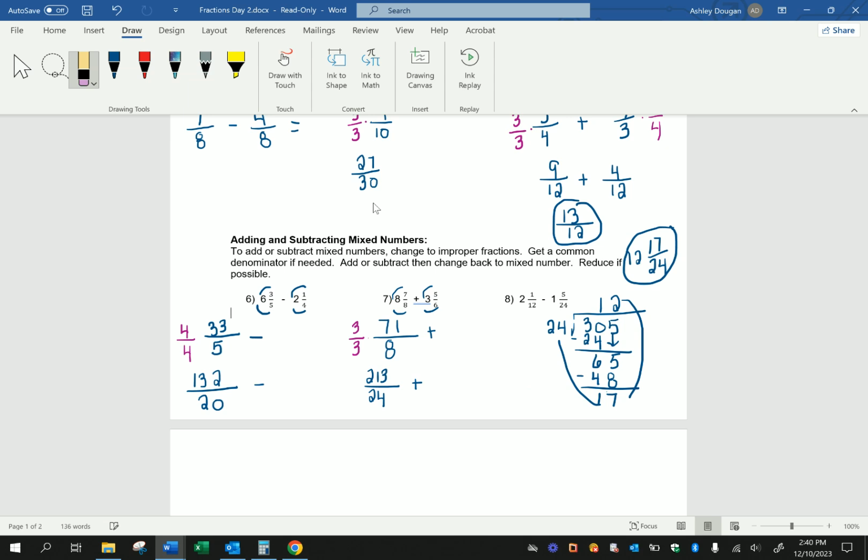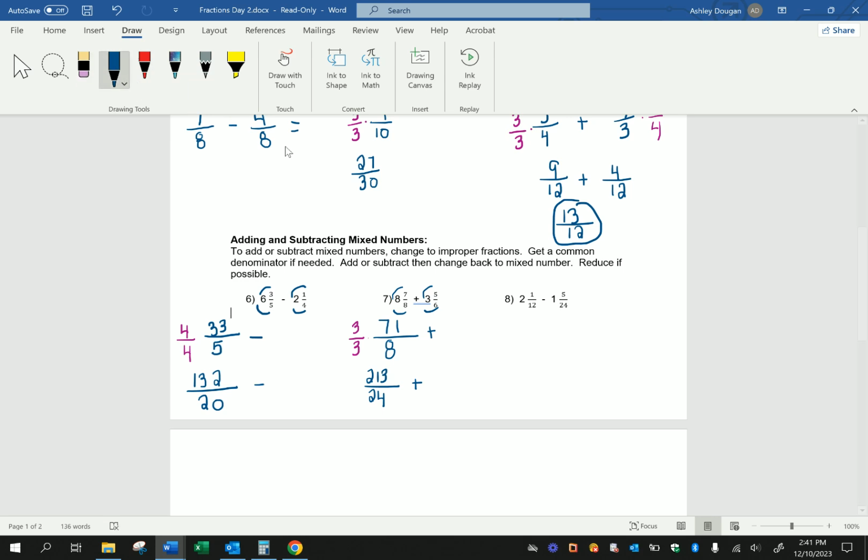I'm going to do the same thing for number 8. I want to first change those to improper fractions and then look for common denominators. I multiply 12 times 2 and then add 1 to get 25 over 12. And we're subtracting this time.